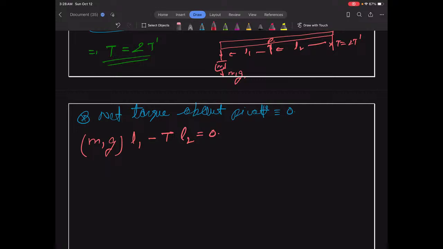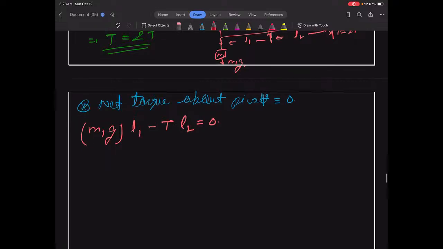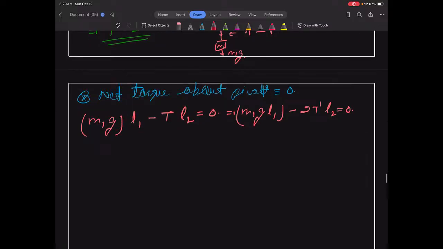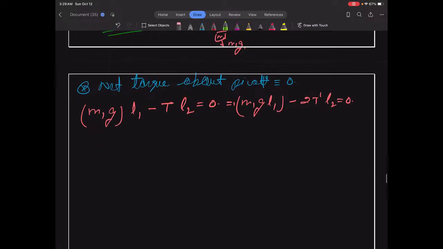And if we substitute our T and T prime, we get m1g L1 minus 2T prime L2 is equal to 0, and we substitute our T prime.